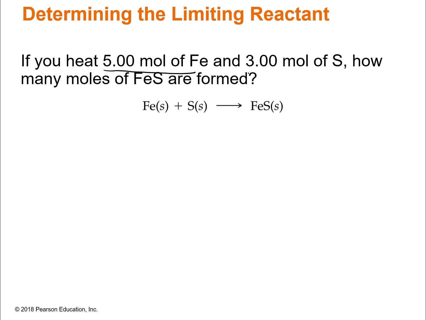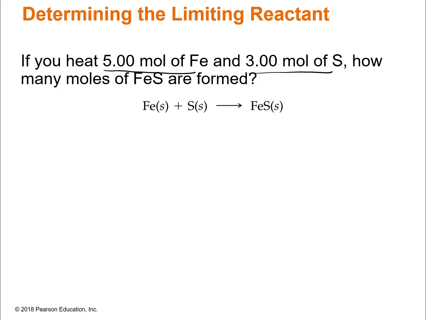We're told about 2 different reactants, and we have to figure out how much product we make. That's going to be the form factor for a limiting reactant question. You have information on 2 reactants, and you have to figure something out about the product.